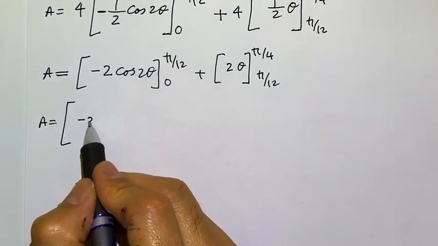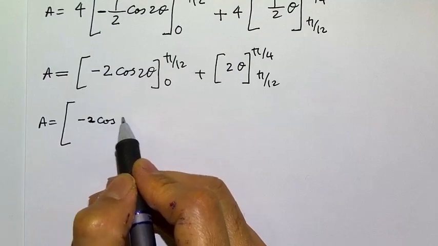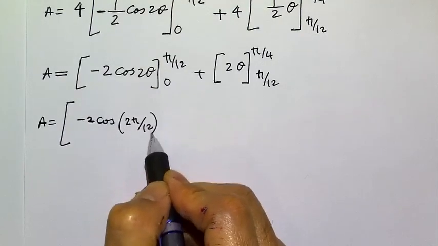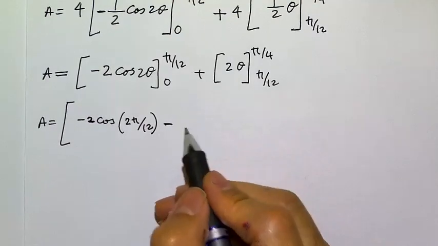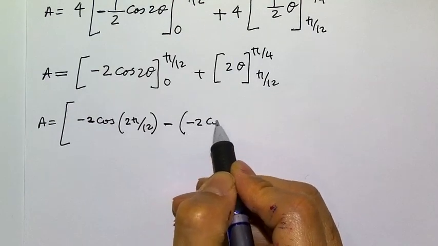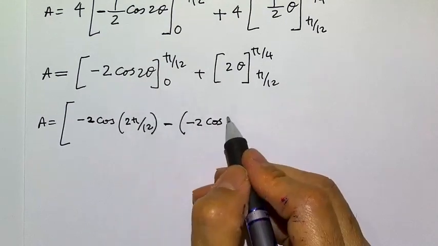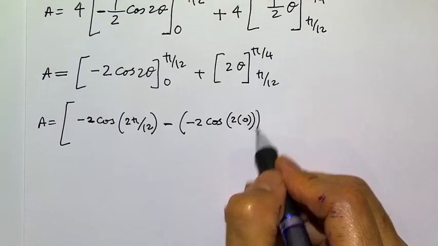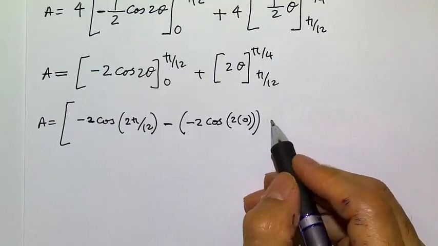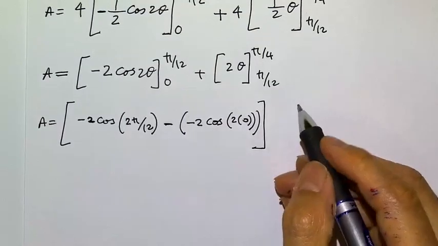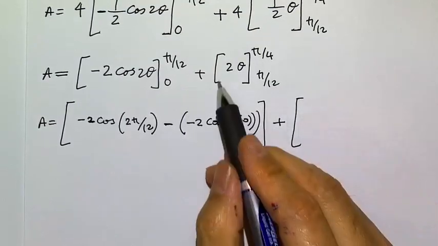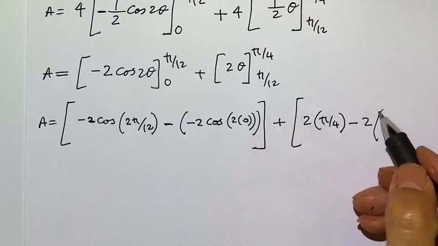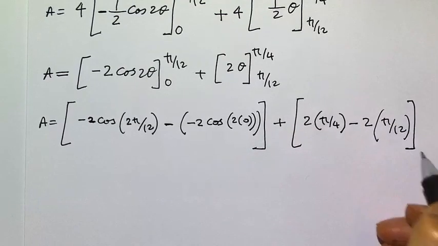So we have minus 2 cosine of 2 times pi over 12, minus 2 times cosine of 2 times 0, and that's that, and then plus, well, let me close this, and then plus we have 2 times pi over 4 minus 2 times pi over 12. Like that.